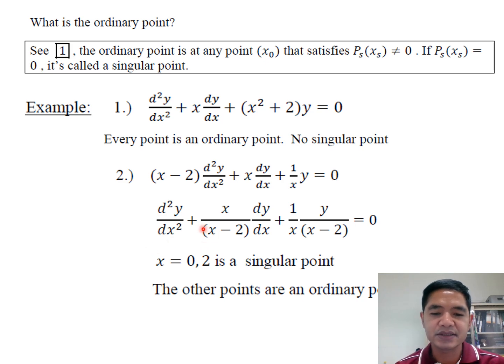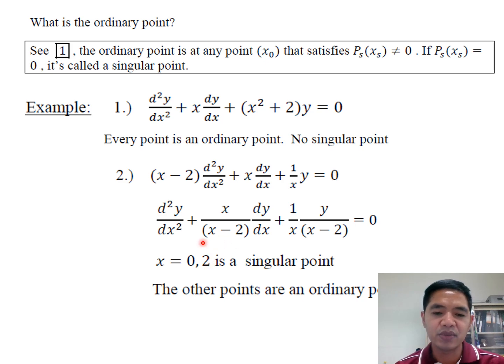When we look at the p(x) function, which is x minus 2, when x equals 0 or 2, we cannot find the solution, because we would be dividing by zero.